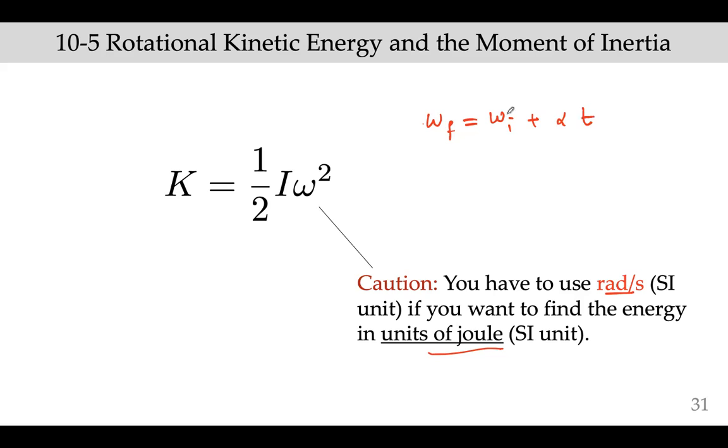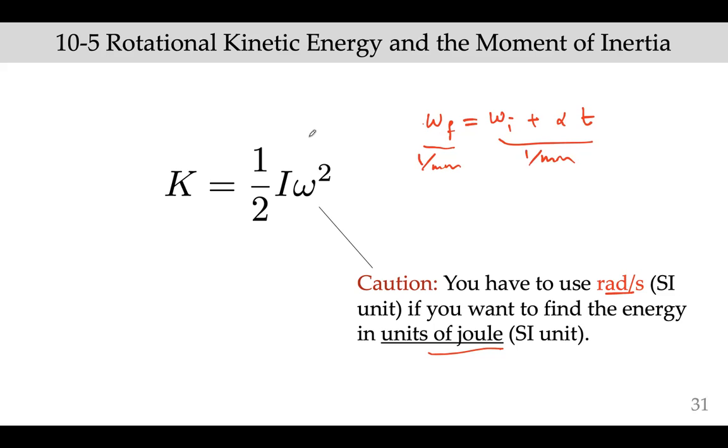If you use radians per minute for angular speeds, minutes for time, and radians per minute squared for acceleration, that's fine, because as long as you're consistent, whatever units you use will cancel each other at the end of the day. If you use minutes for everything, your result will be in terms of 1/minutes.